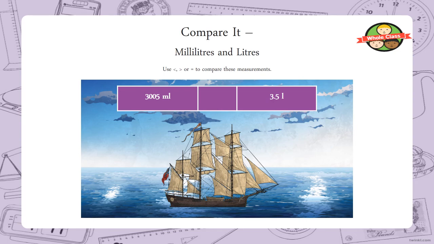So 3.5 multiply 1000 equal 3500. Good. Now let's compare 3005 and 3500. Which one is greater? Good. 3500 greater than 3005.